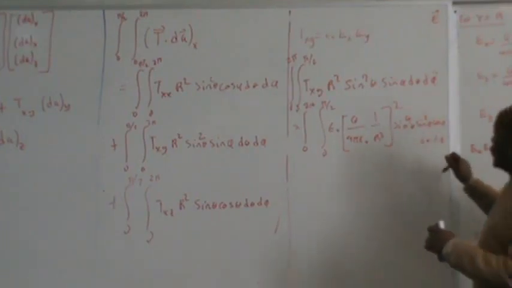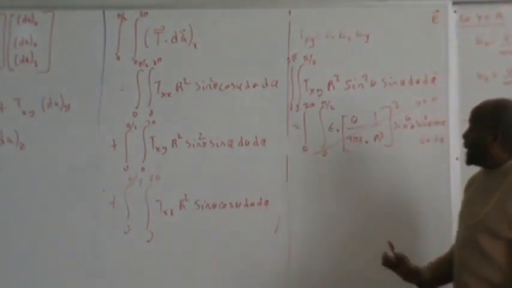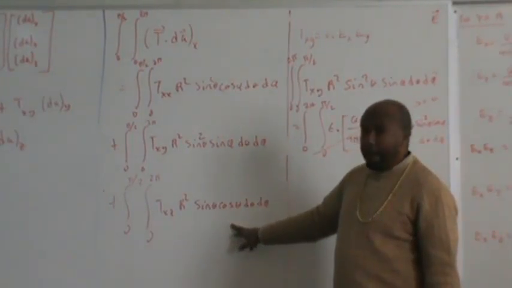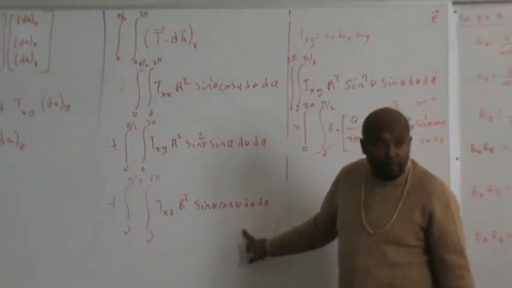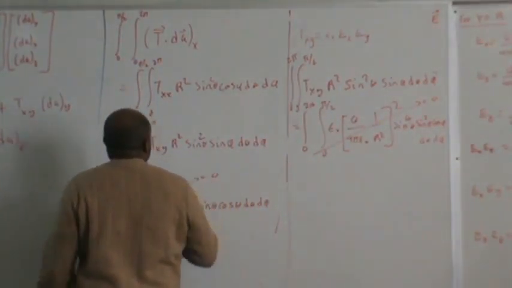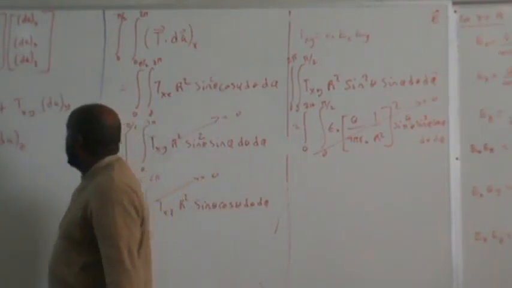You see that? So this is going to be 0. So what can you conclude for this one also? That's going to be 0. So we can say that this is going to be 0 and this is going to be 0.